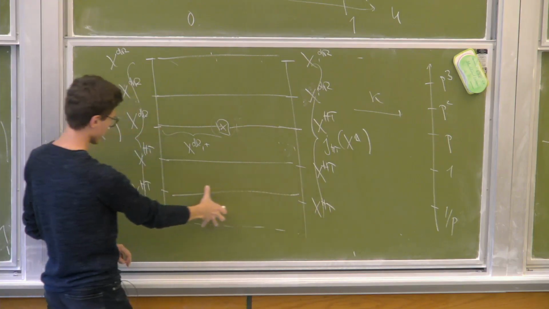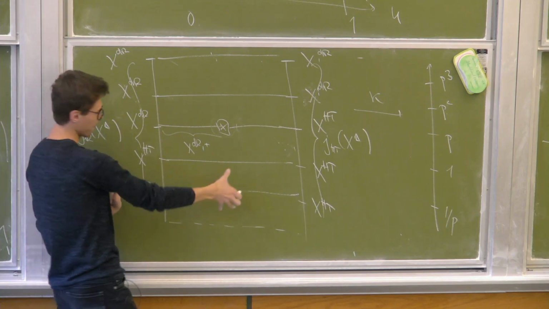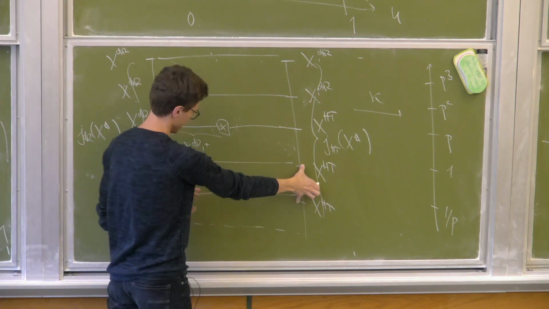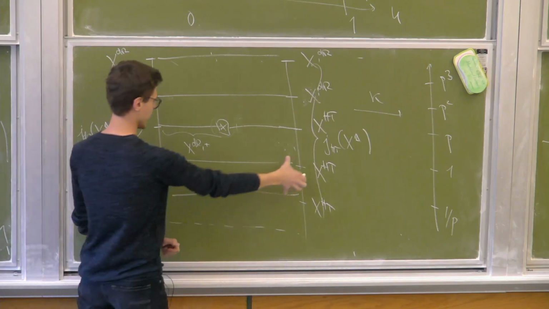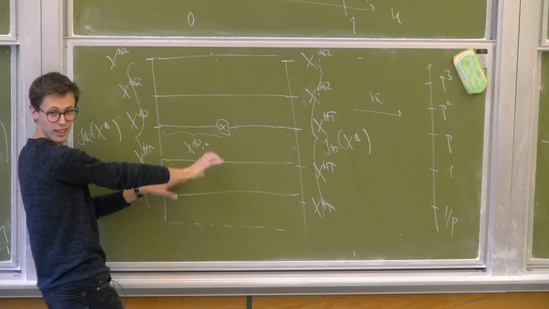Because if I go from here to here, I have an interval, and any vector bundle is constant along an interval. And then this part is glued to this part, so I can forget what's down below. But then I have an interval again, and then I glue this to this, so I can also forget this part.